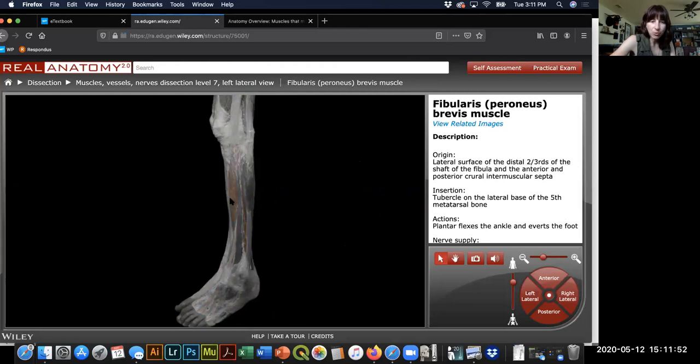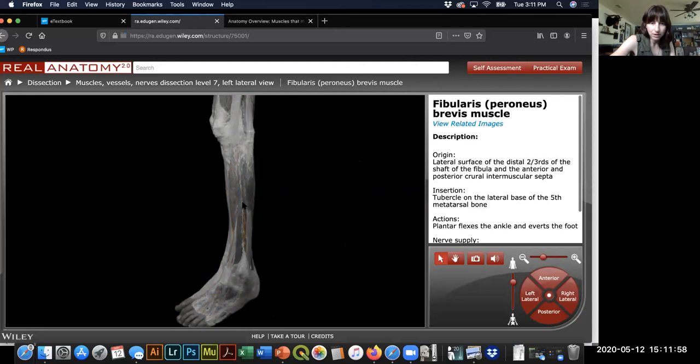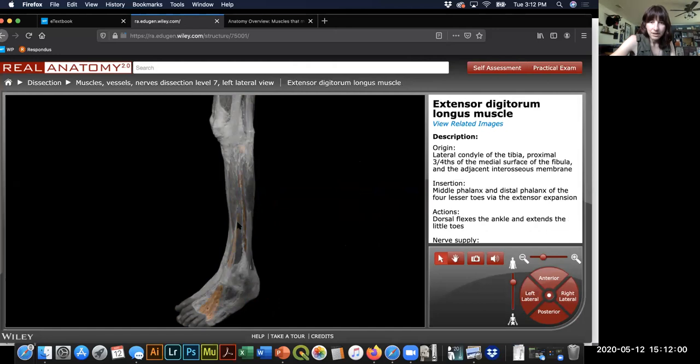And then in between the tibialis anterior and the fibularis, this little strip here, is your extensor digitorum longus, okay? So remember we have extensor digitorum on the posterior side of your lower arm, which is going to extend the digits of your hand. You also have an extensor digitorum longus muscle of your lower leg, which is going to help you to extend the digits of your foot.